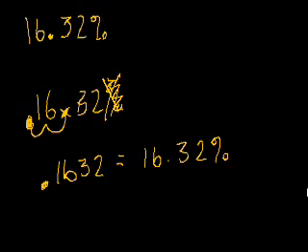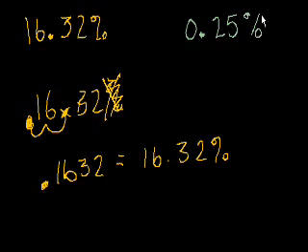I think you might be getting the idea now. Let me do another one in green. Let's say I had, and this one actually confuses a lot of people, 0.25%.